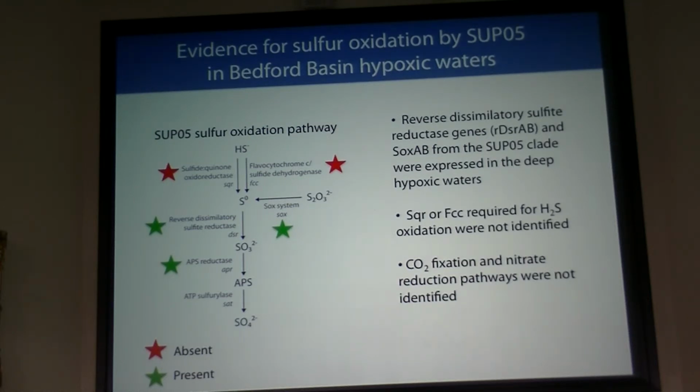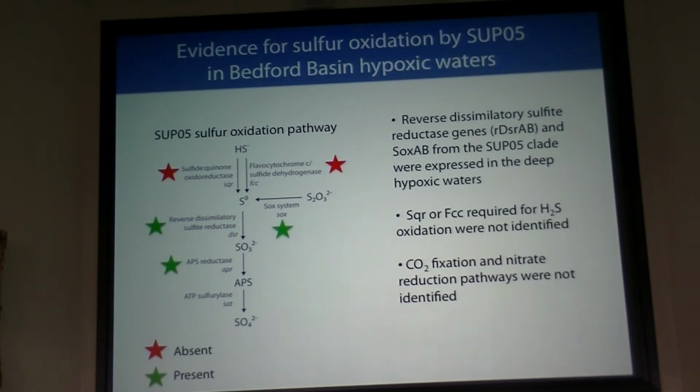And so what we can say based on this pattern is that SUP5 under the conditions in Bedford Basin are able to use this compound as an energy source, this is thiosulfate, but are unlikely to use hydrogen sulfide. And this makes sense because in Bedford Basin, actually, we don't expect hydrogen sulfide to be accumulating, but this organism is sort of fitting the pattern that we expect, and we see these genes turn on.